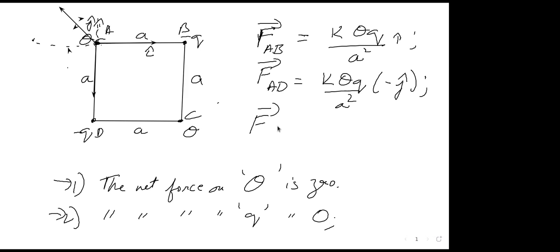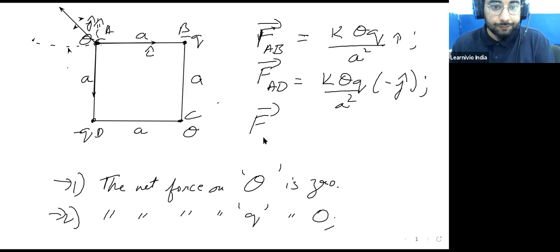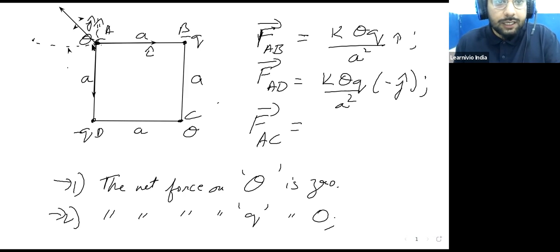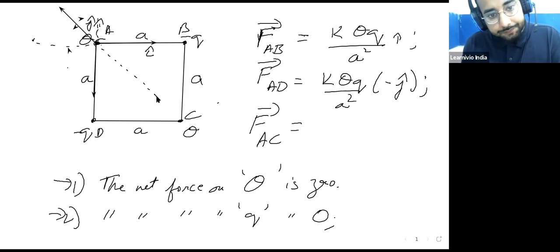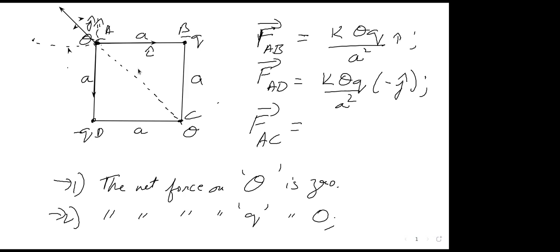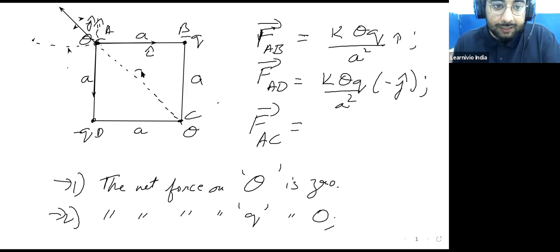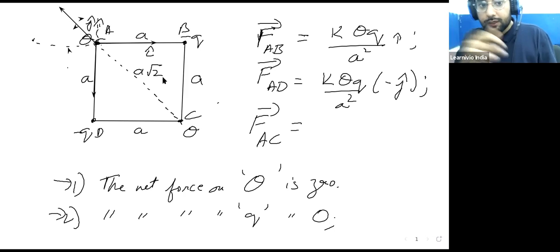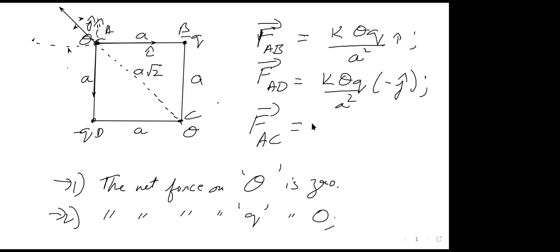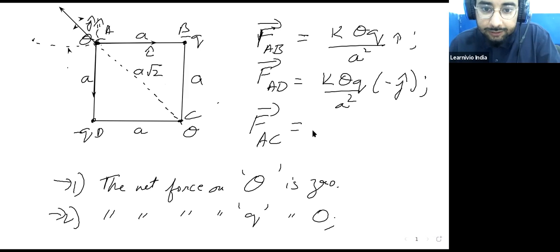Now, what about the force on A because of C? Well, what is the distance between these 2 points? Root 2 A. Yes, exactly. If the side is A, then the diagonal is A times root 2 because it's a right angled triangle.